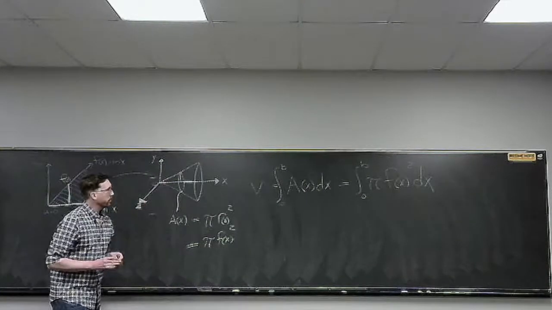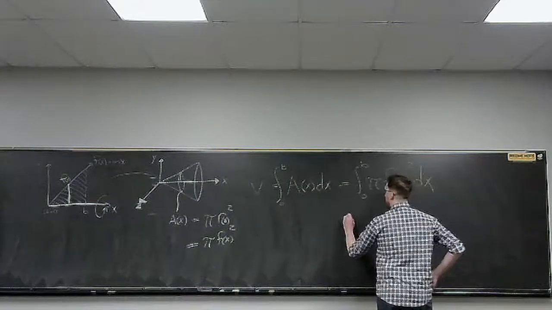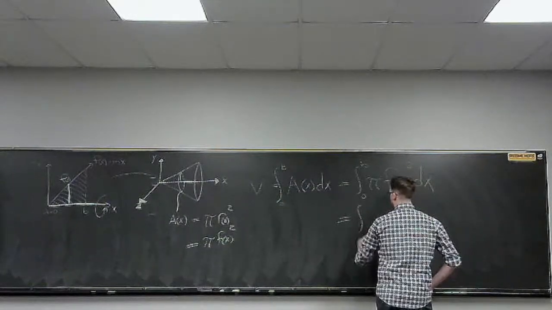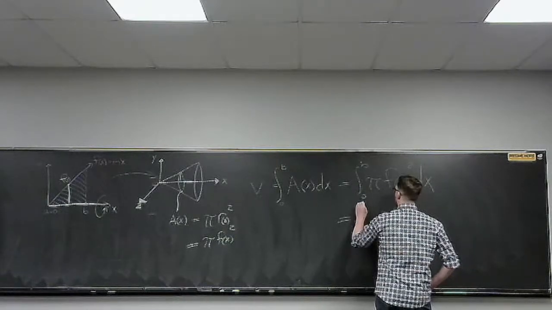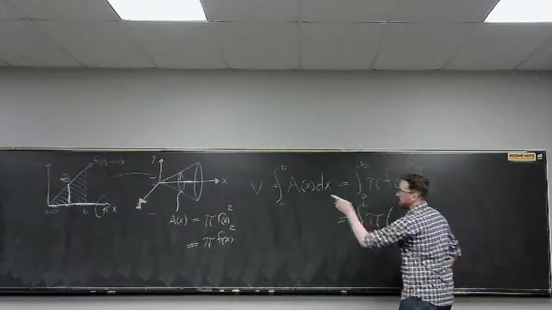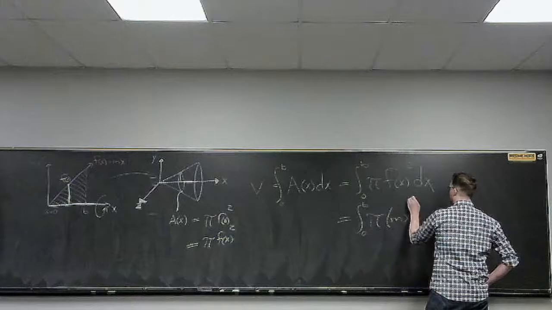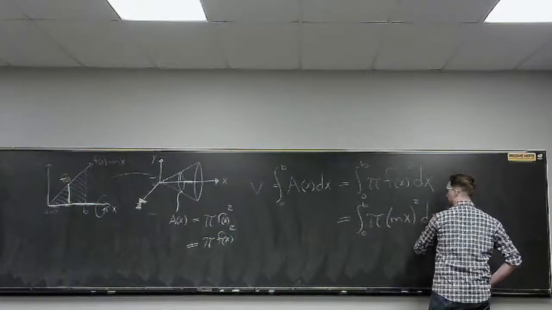So from here, we can figure out the rest of this problem. We say, cool, this is equal to the integral from 0 to b of pi times our function, some slope m times x, that quantity squared.